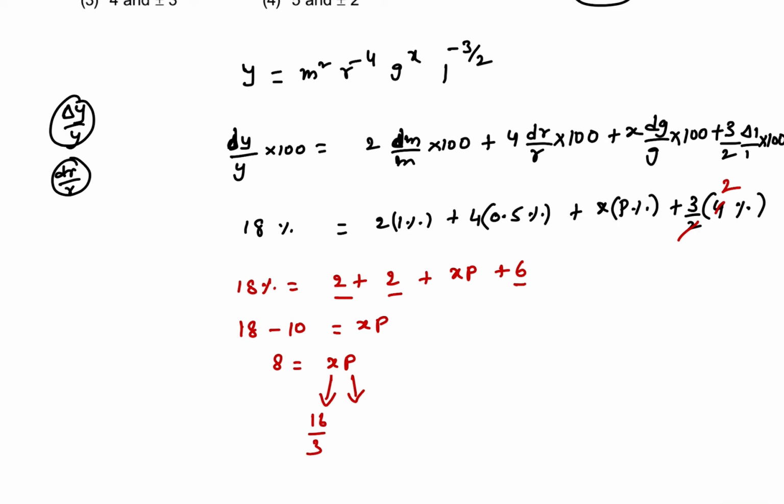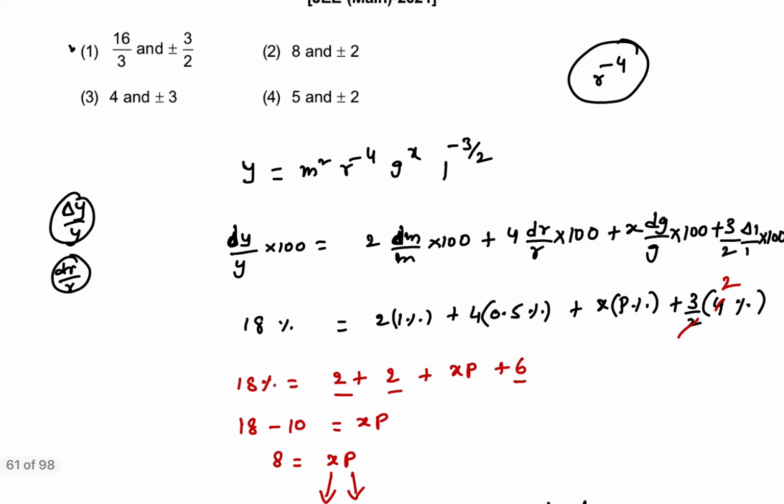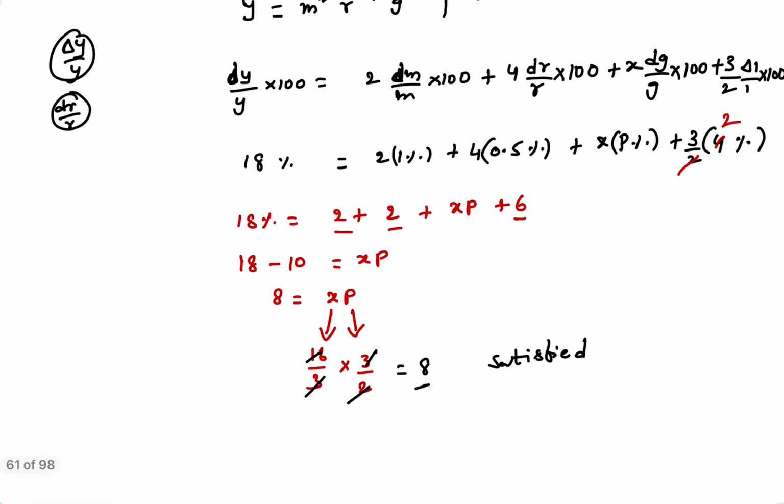In the first option, x value is 16 by 3 and p value is plus or minus 3 by 2. Just taking 3 by 2, the 3 and 3 get cancelled, 2 and 16 get cancelled, and we get 8, which means it is satisfied. Now we can say the first option is the correct option.